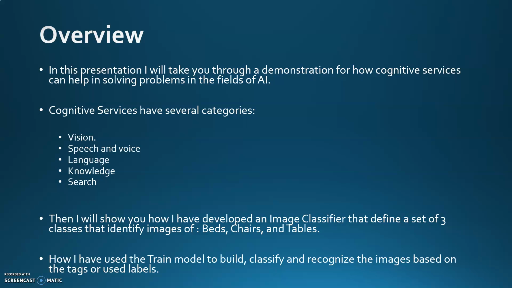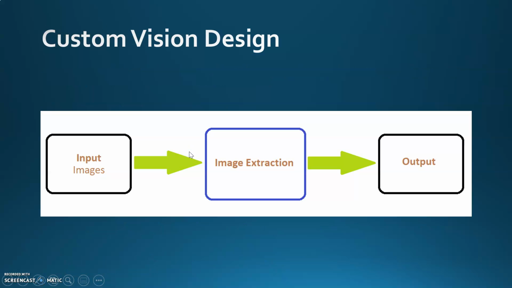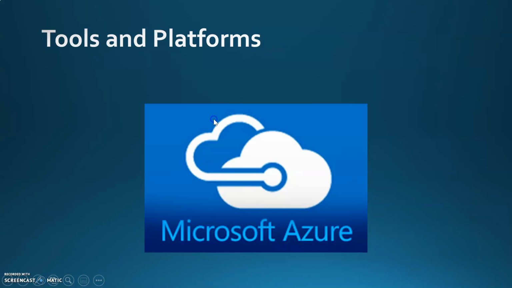We will essentially feed the computer, the cognitive services, with hundreds of images, for example of cats or dogs, and using the cognitive services we are going to apply complex mathematical extraction algorithms in order to classify those inputs, and after extracting and classifying them, they will be assigned to a specific output.